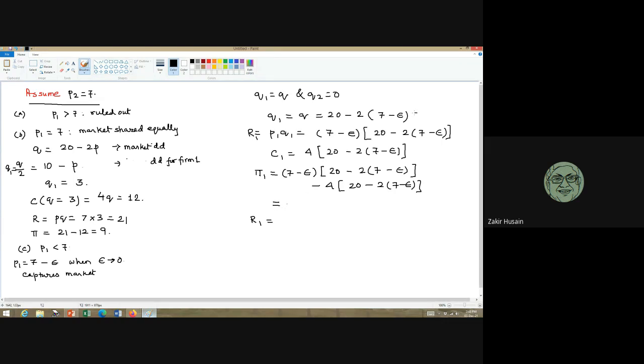Actually, you can simplify this. This will be how much? 14. Right. So this is 20 minus 14 plus 2e.